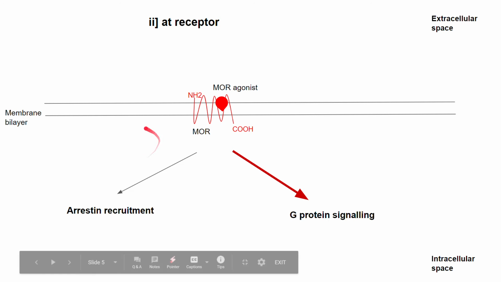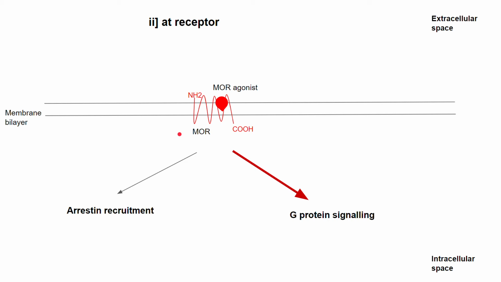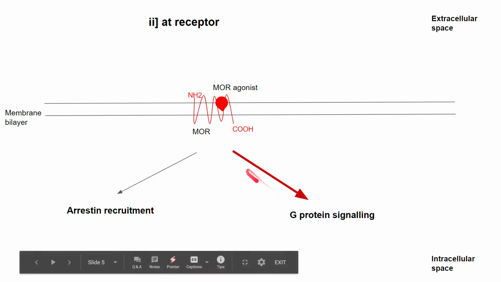So the aim is to design an agonist which favors this pathway. So far, a lot of those efforts have gone into trying to produce conformationally biased agonists, using the chemical structure to favor certain conformations which favor the G protein signaling pathway.